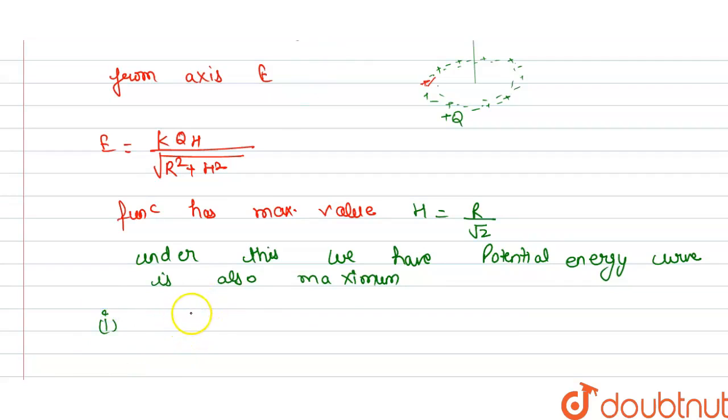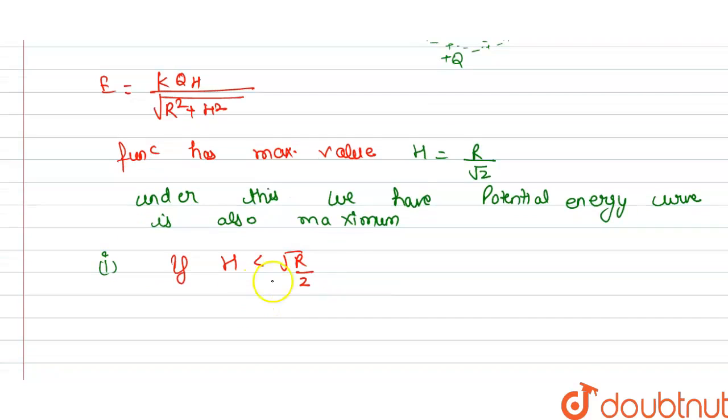So we know that if h is less than r divided by root 2, in this case we displace the particle slightly downward, and so the upward QE force will also decrease, so the particle will start moving.